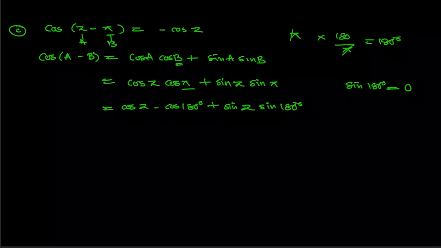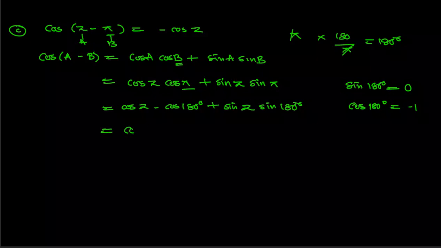What else do you need to appreciate here? You need to appreciate that cos 180, or cos pi, is equal to -1. I used to show you, even using a graph, why cos 180 is -1.